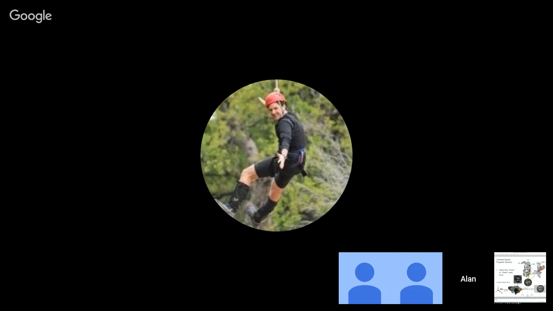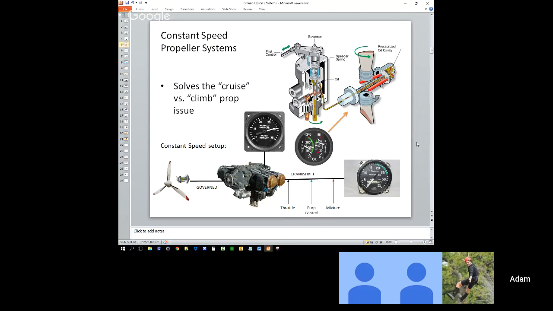Higher blade angle. Yeah, it's going to go to a very high blade angle because it sees all that power coming from the engine, but it wants to hold the RPMs down at like 1,000 or 1,500. So it's going to try to increase the amount of drag that the prop sees so the engine doesn't increase RPM.